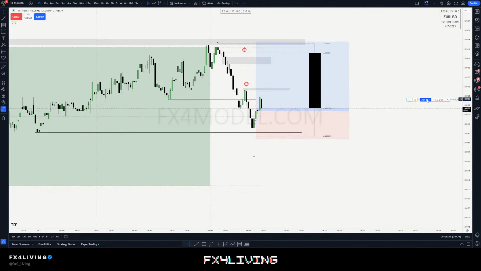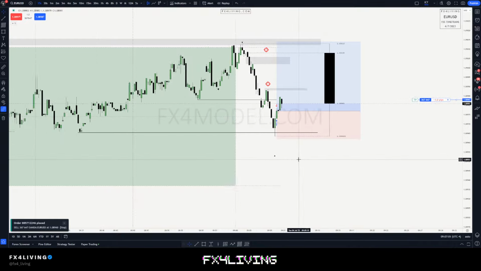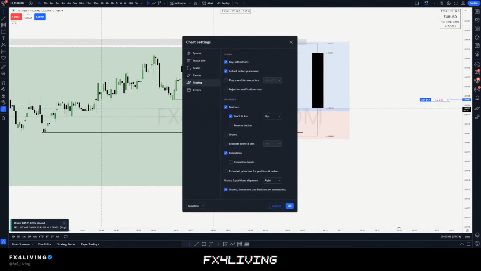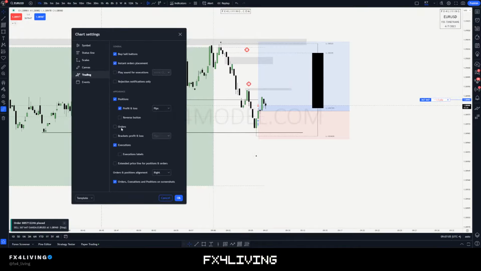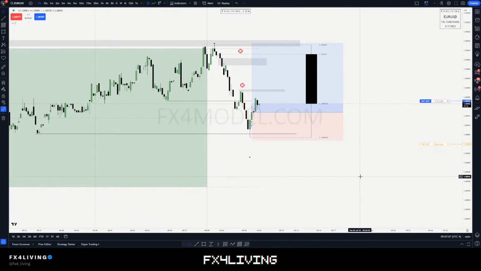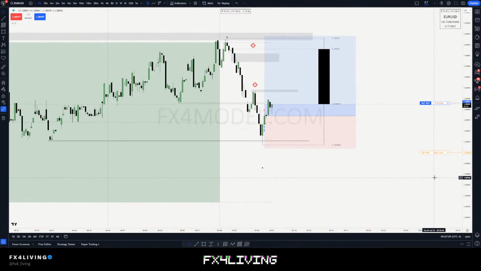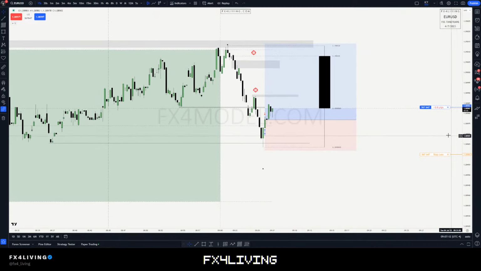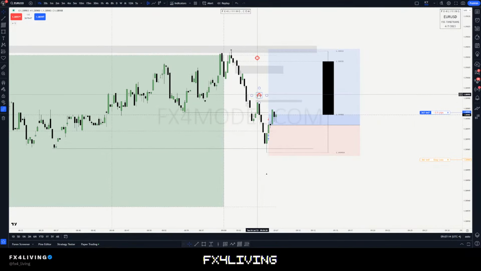I don't even know how to take partial of this thing actually. Do I just do something right now? What's going on? I don't like that. Order. Okay, so I have the order now. Okay, cool. My bad. I never trade with TradingView actually, so I just wanna paper trade, you know.